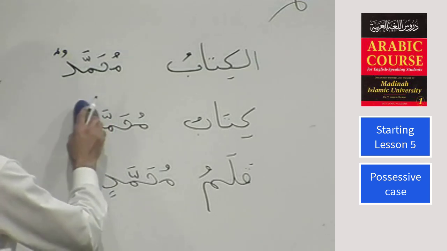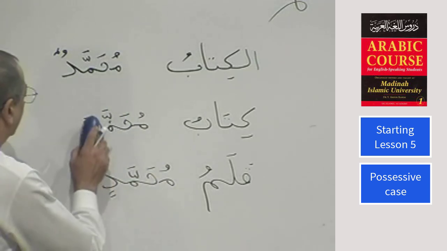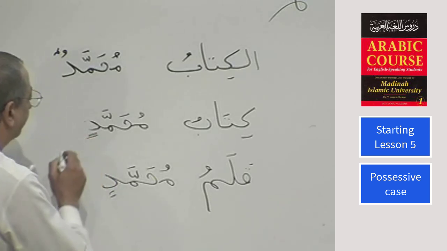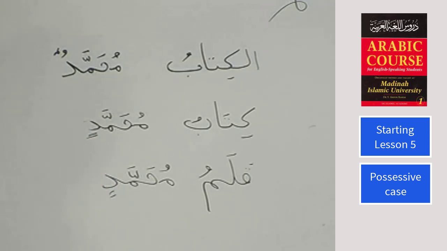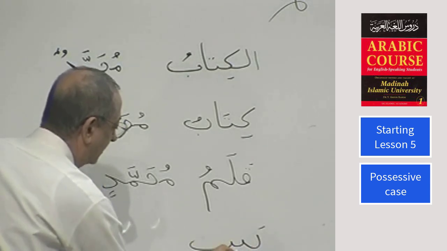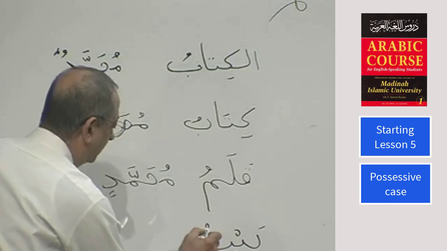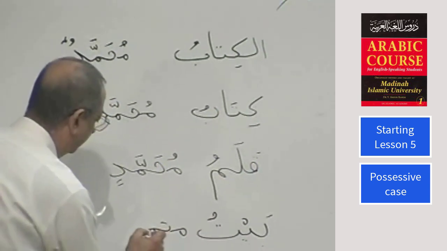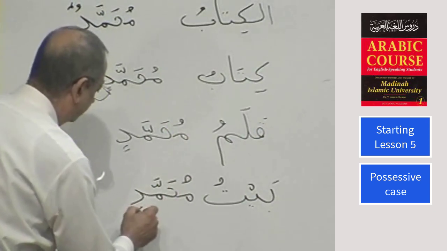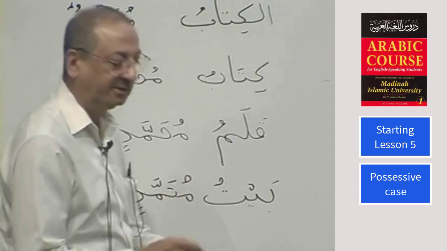Why am I writing Shadda here? No, I have to make it "din" properly. Okay. Muhammadin. Kalamu Muhammadin. If I say house of Muhammad, Baytu Muhammadin. Are you with me, brothers and sisters?